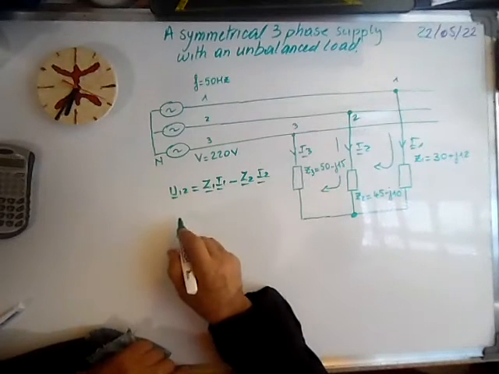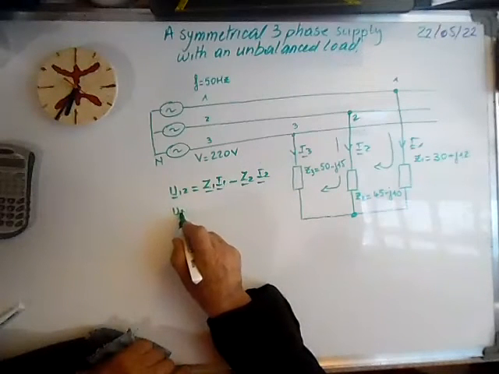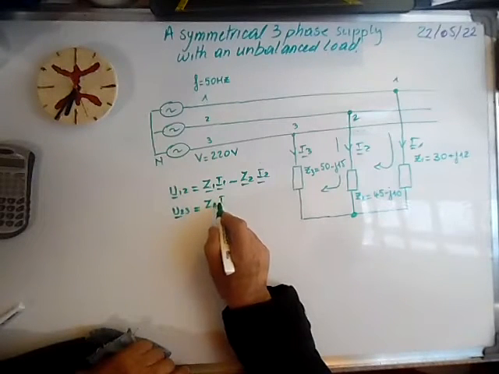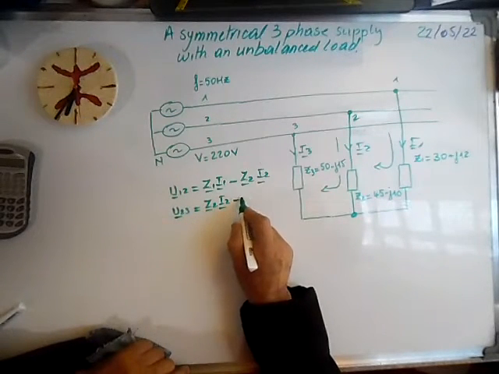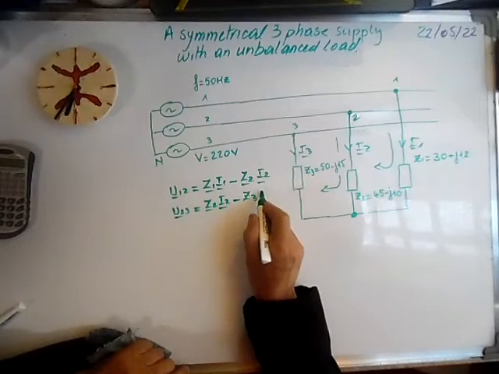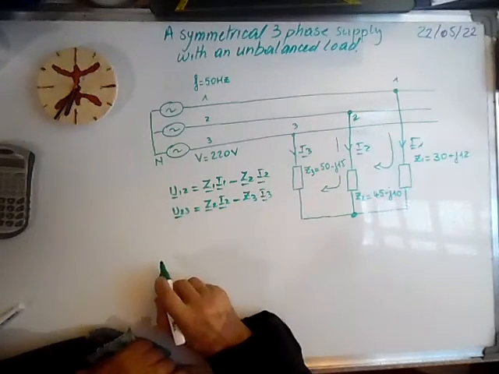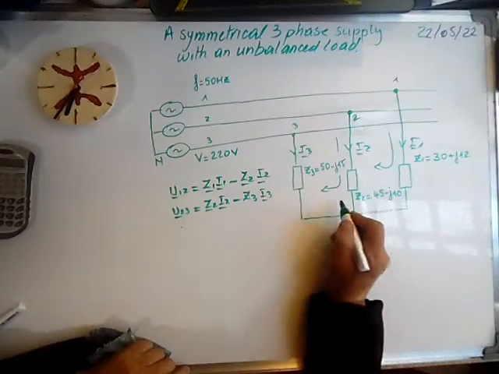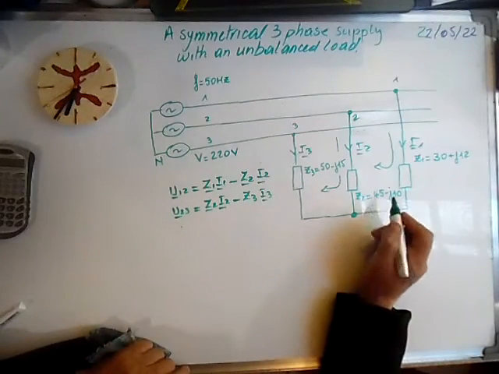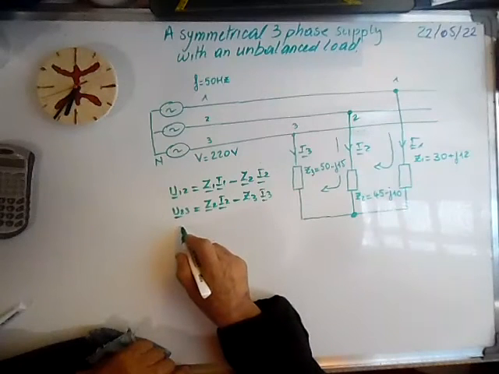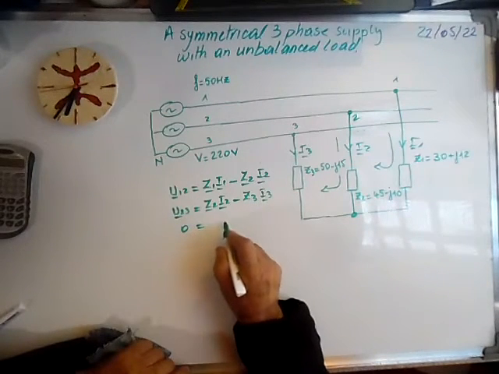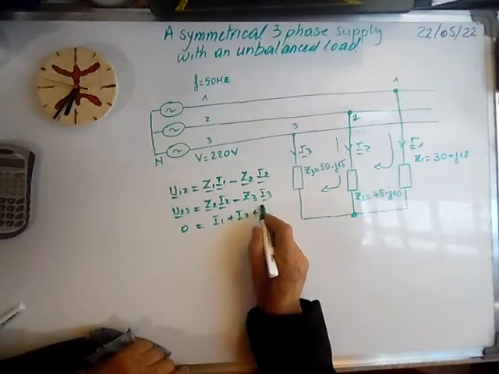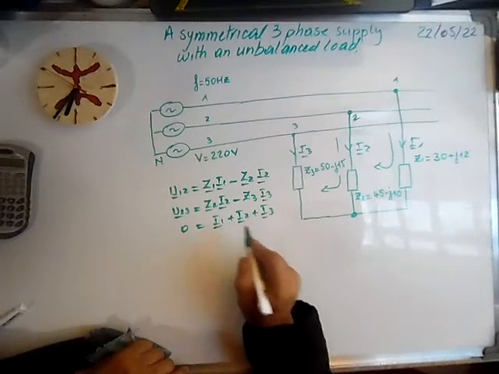The second mesh, we can say that U23 is equal to Z2 I2 minus Z3 I3. The third equation, we can say that the sum of the three currents is 0, so I1 plus I2 plus I3 is equal to 0.